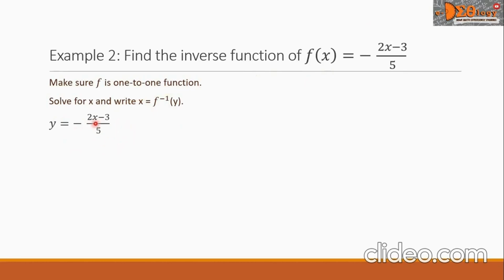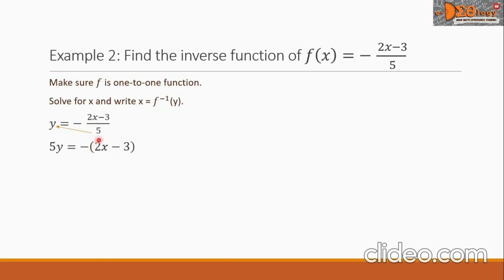I want the x to be isolated. First, this 5 I'm going to cross multiply with a y on the left side. So I have now 5y equals the negative of the quantity 2x minus 3. I'm going to remove the grouping symbol, so the negative sign will be multiplied to each term of the binomial.